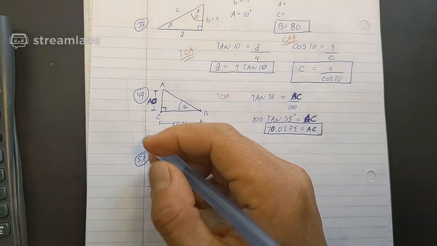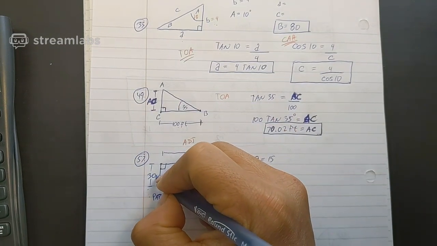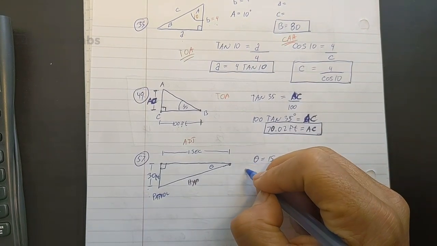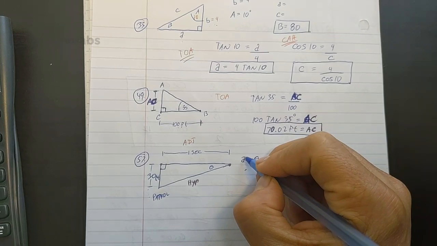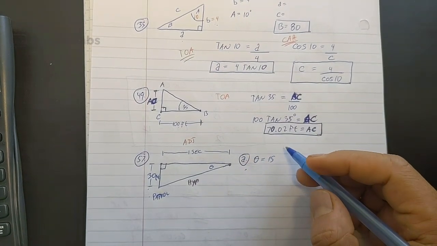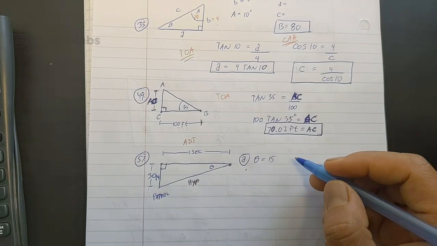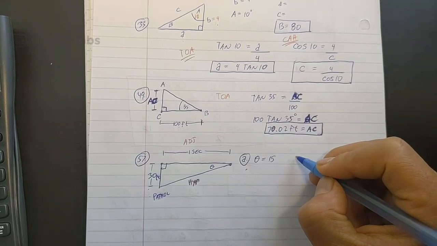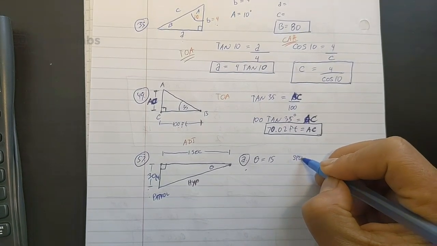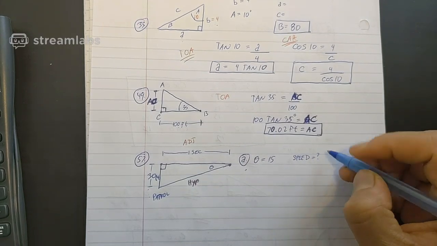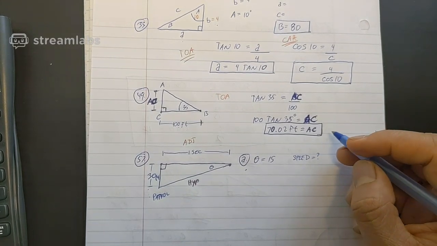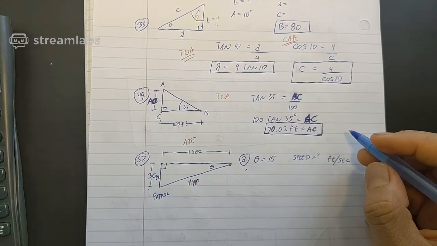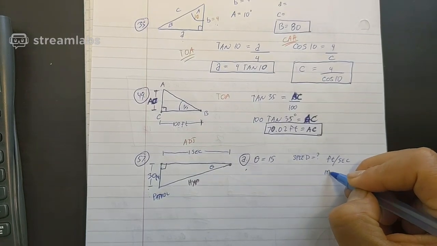And this is 30 feet. Part A is asking if theta is 15 degrees, how fast is the truck traveling, in feet per second and miles per hour, mph.